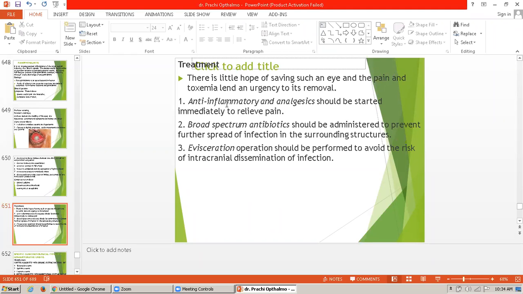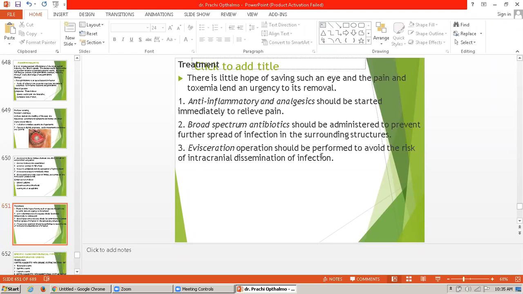So first, anti-inflammatory and analgesic drugs should be started immediately to relieve pain, and broad spectrum antibiotics should be administered to prevent further spread of infection to the surrounding structures.